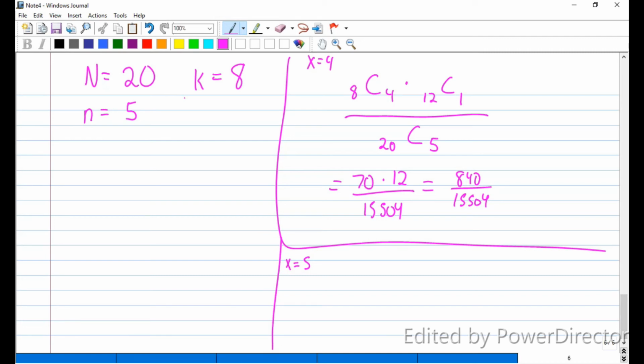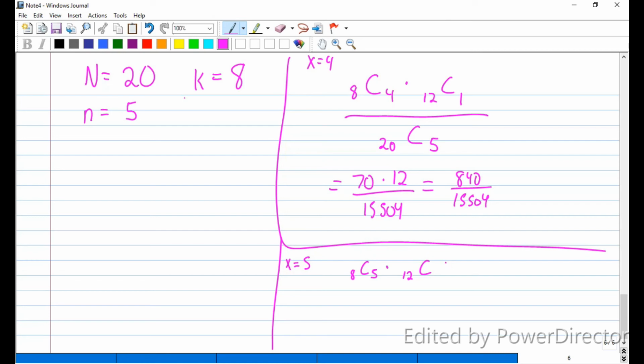So for x equals 5, we have KCX, so that's going to be 8C5 times, now we have to say 20 minus 8, again that's 12C.